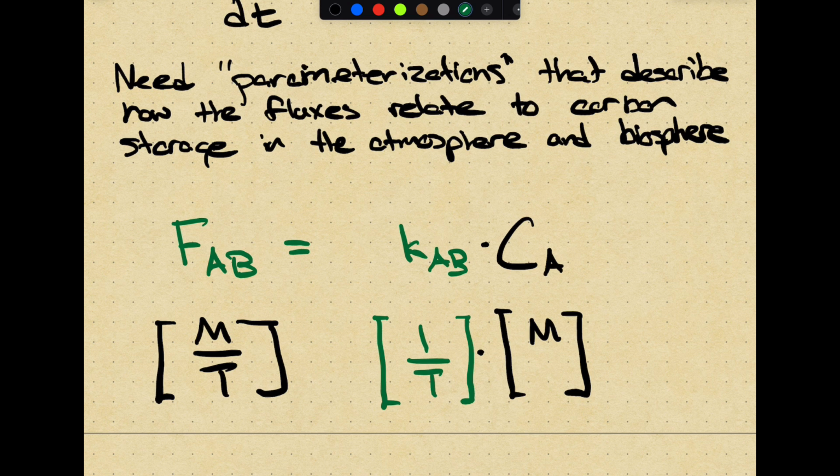Similarly, when you flip something like this over, you get something that's also a characteristic time. It would be called the residence time. So this is just 1 over the residence time. There are a couple of different ways to look at this coefficient.